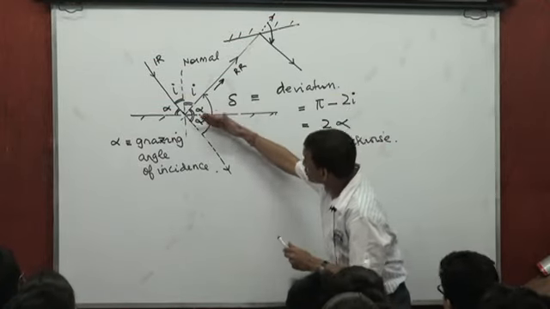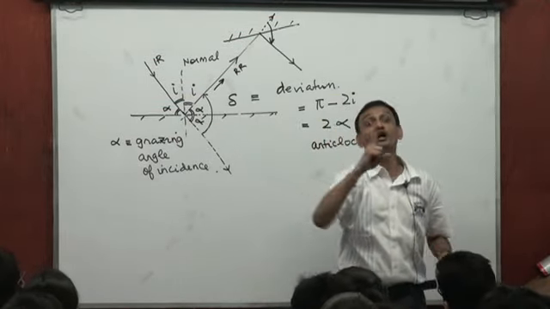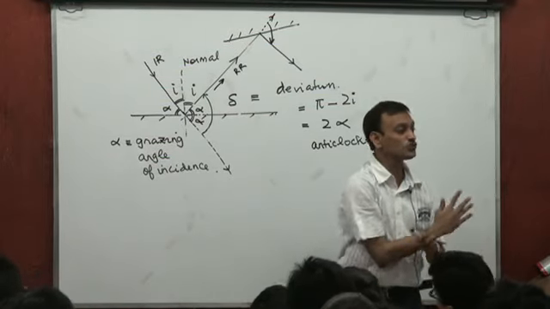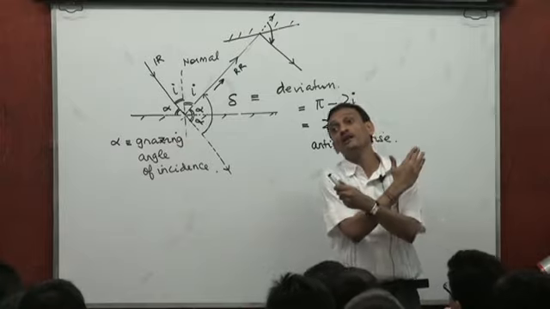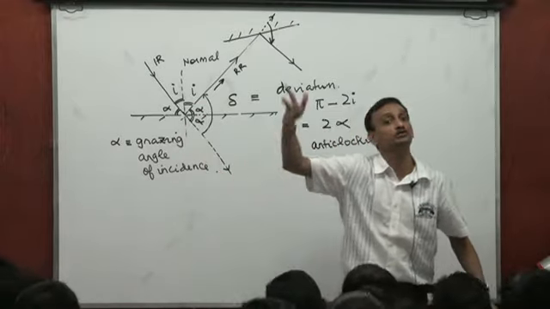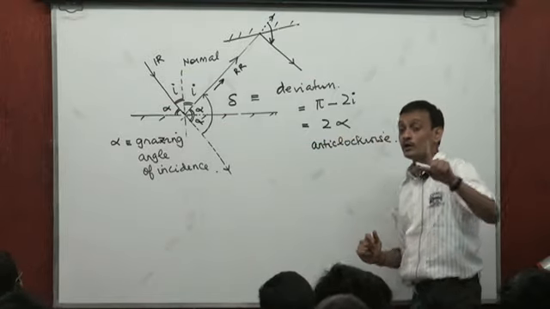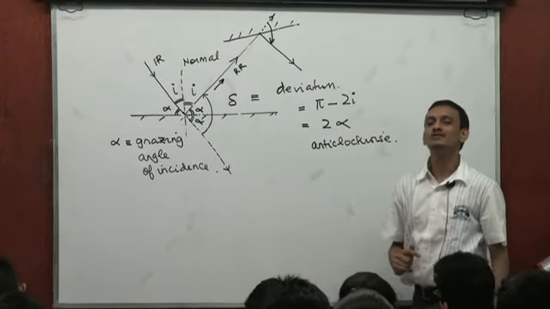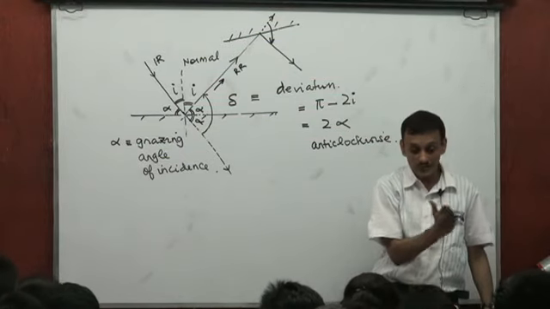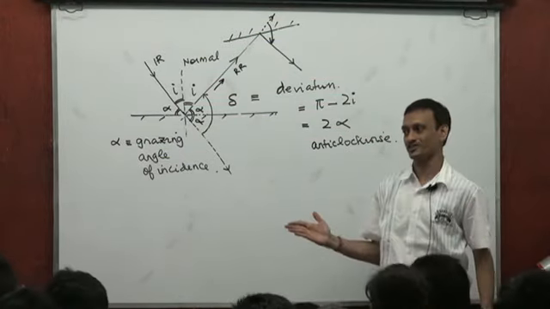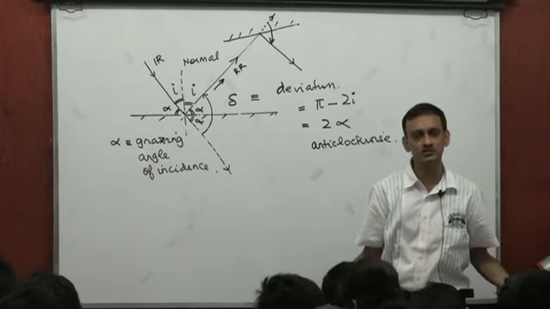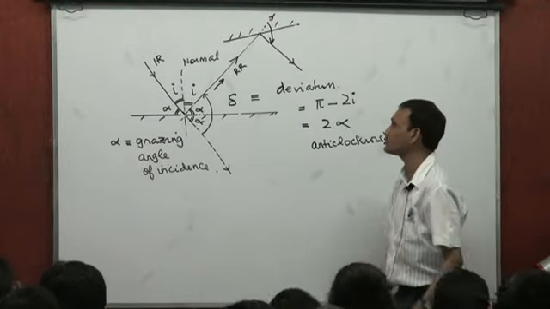Now, the total deviation because of these two is the algebraic sum of the deviations, when a number of deviations take place because of multiple reflections and or refractions. When more than one deviation is involved, you must assign suitable signs to the deviations.